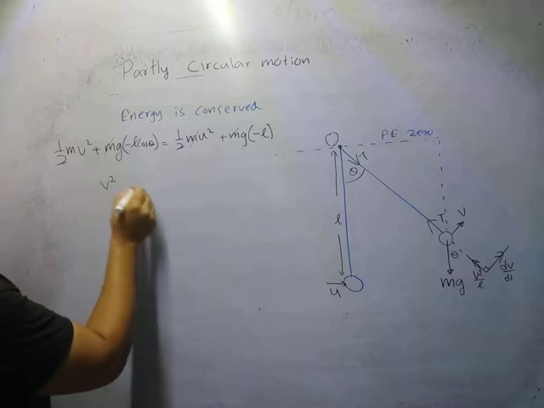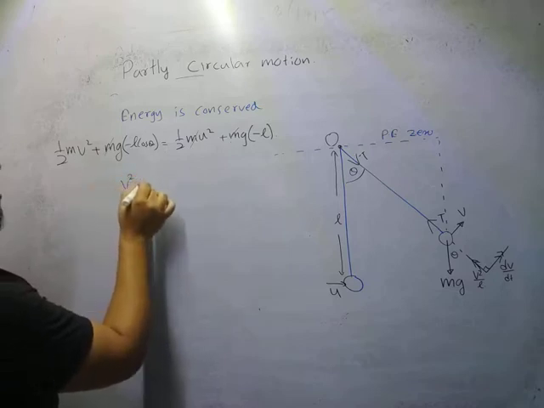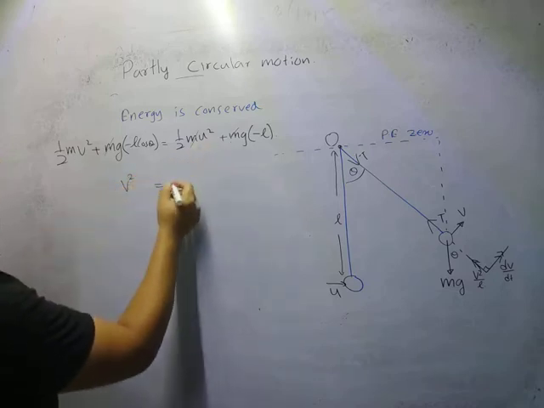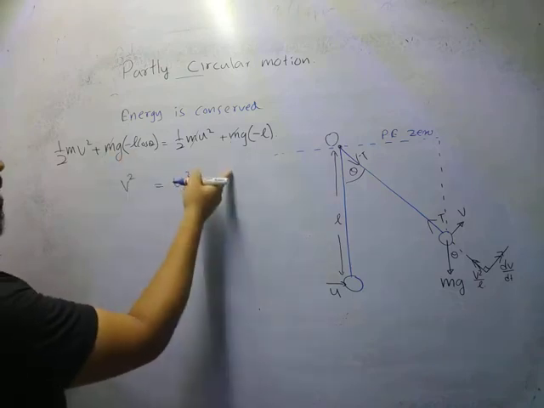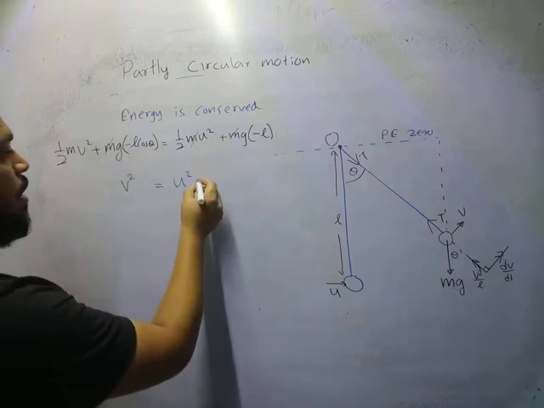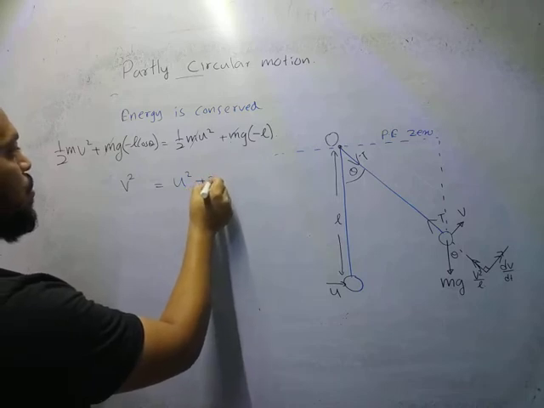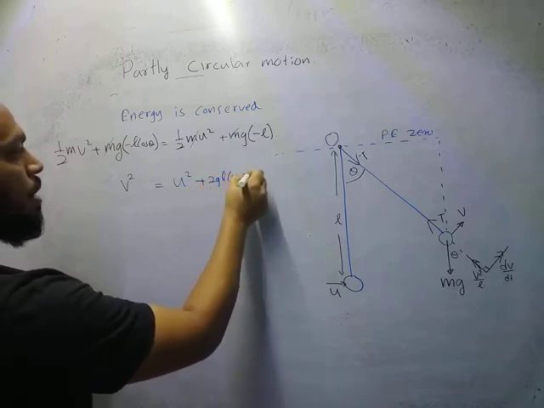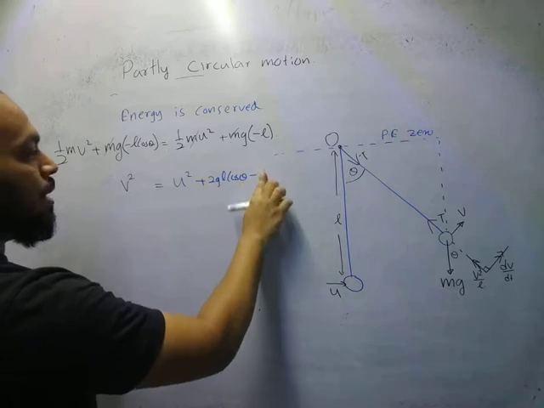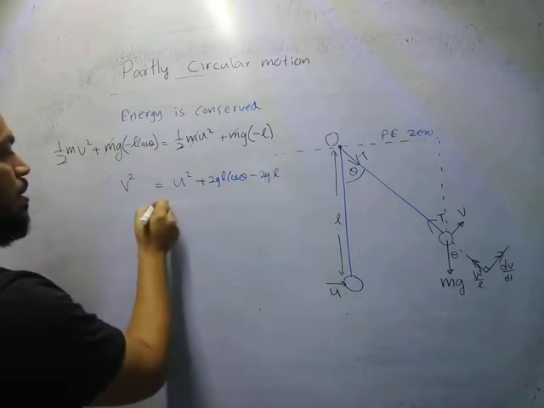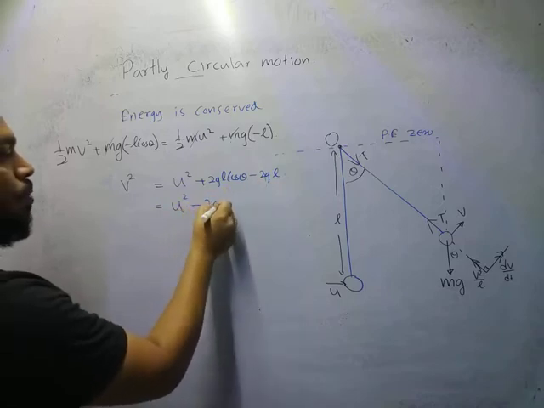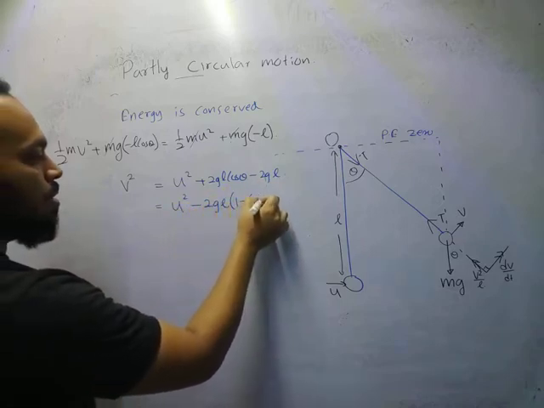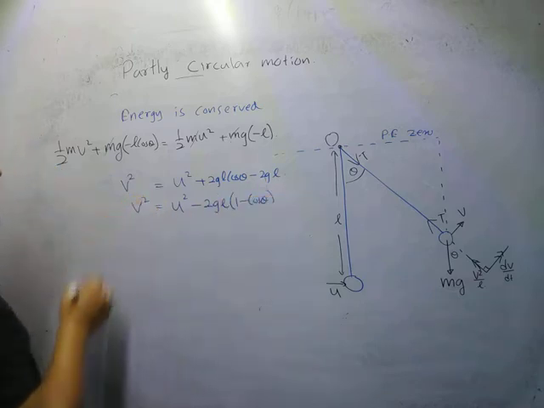I want to find v squared. u squared is also there, and the 2 goes off because I'm multiplying by 2. If I take this to the other side, I get plus 2gL cos theta minus 2gL. To make it simpler, let me take the negative sign: negative 2gL times 1 minus cos theta, equal to v squared.